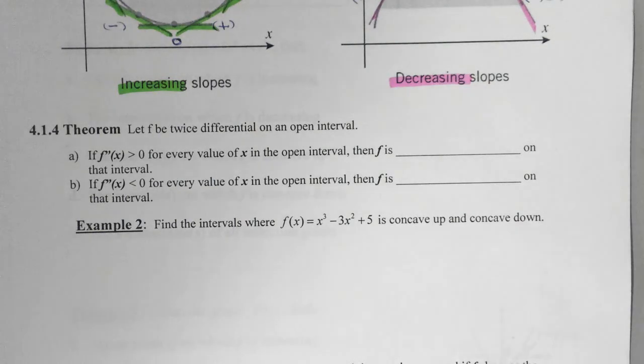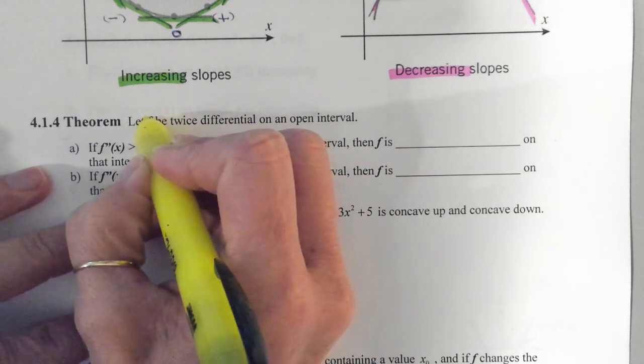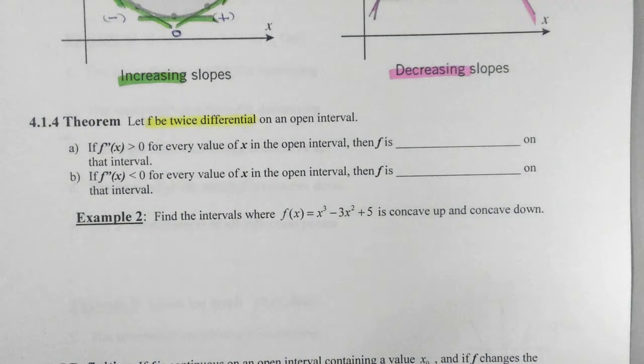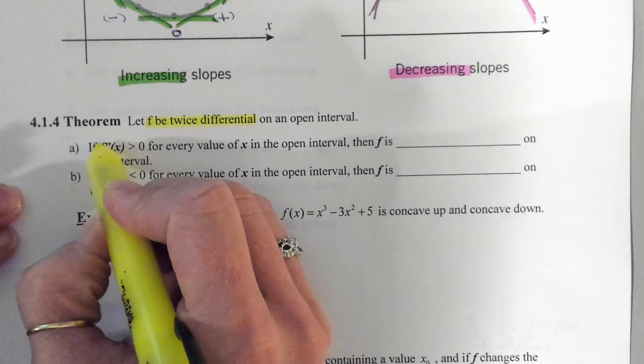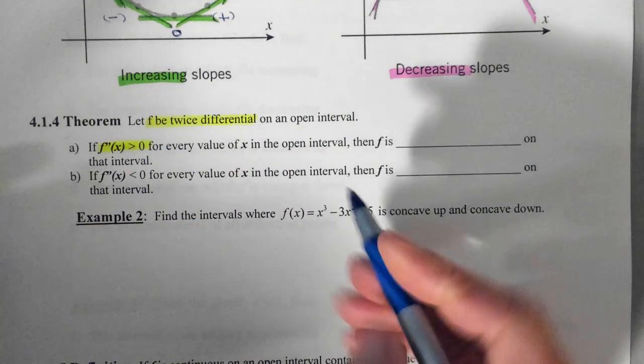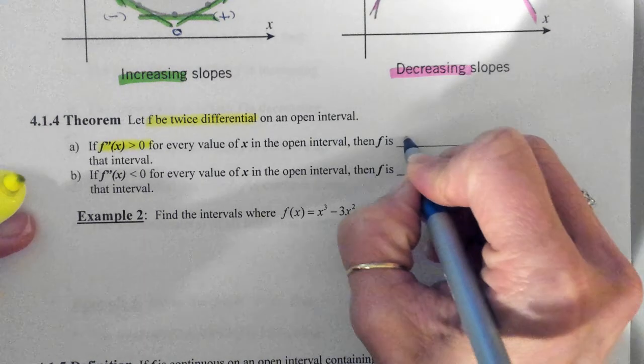It should say differentiable, not differential. But what that just means is that you can take at least the second derivative of this function. So this is an important statement. Granted, it's spelled properly. So what this says here is, if your second derivative is greater than 0 for every value of x on that open interval, then the original function f is concave up.